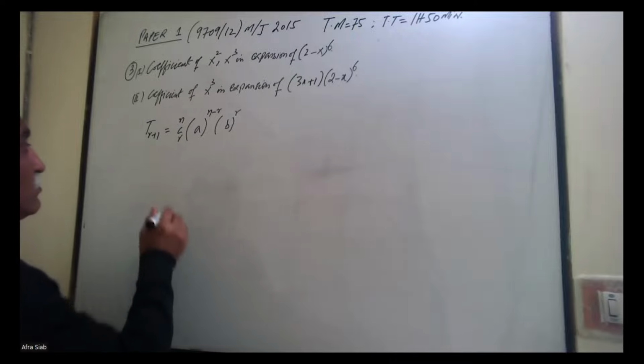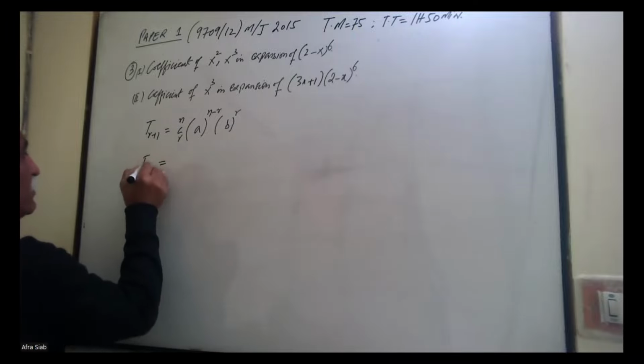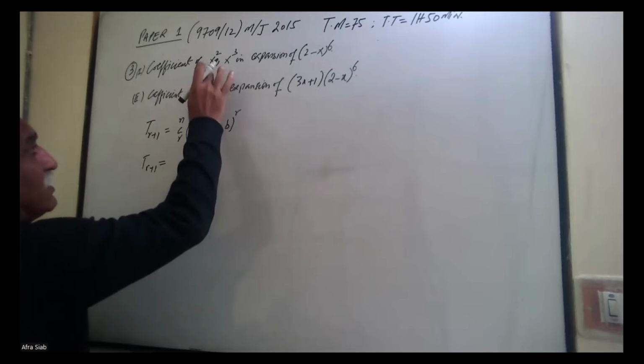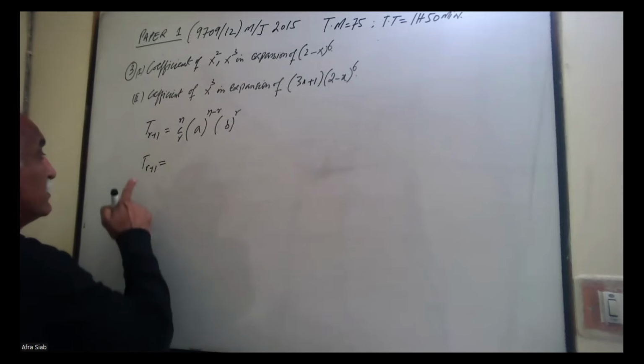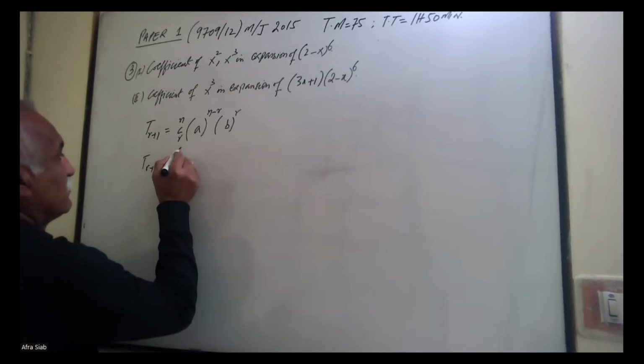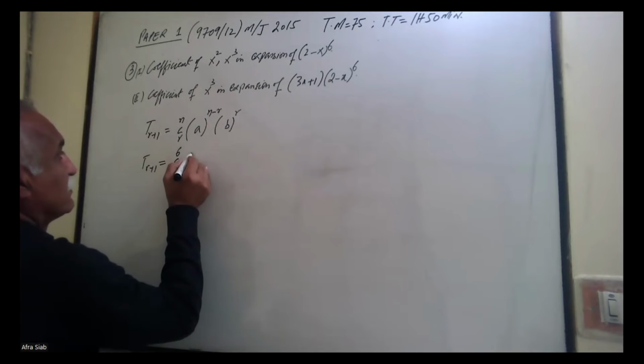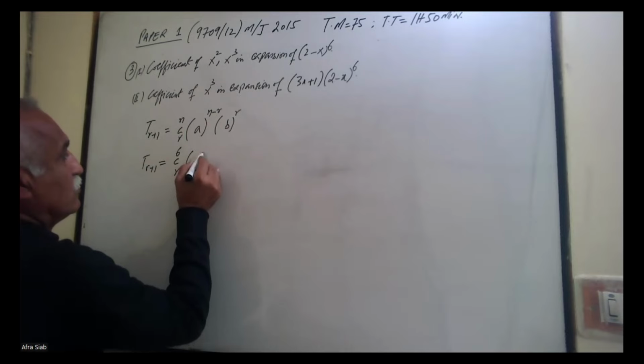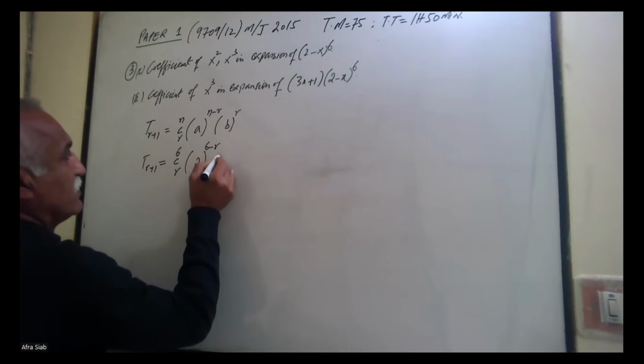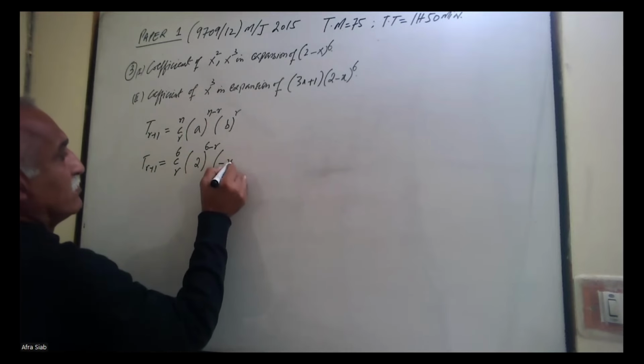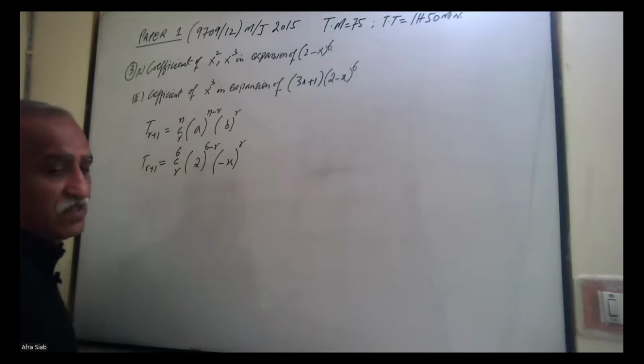We don't know where x square and x cube will occur, so we will just write T(r plus 1). n is 6, a is 2, which is 6 minus r, and b is minus x, and power r.